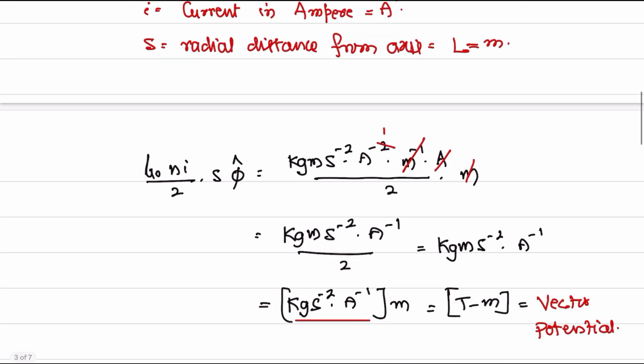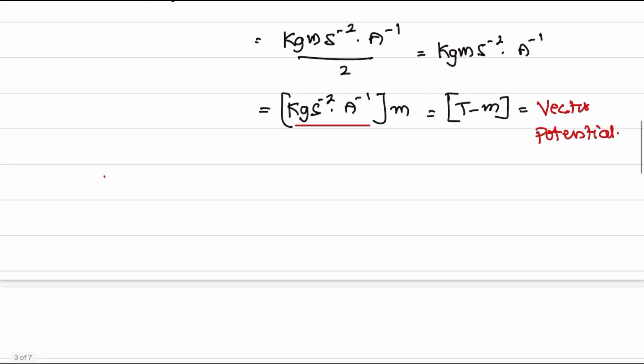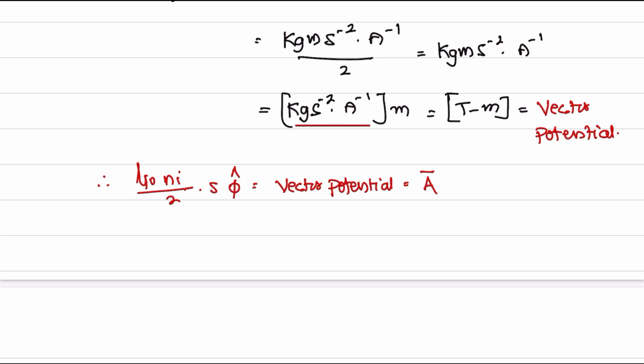Therefore, μ₀ni/2 into s phi cap is equal to the vector potential. In electricity and magnetism, it is given by the symbol vector A, and the unit is Tesla meter. This is the answer.